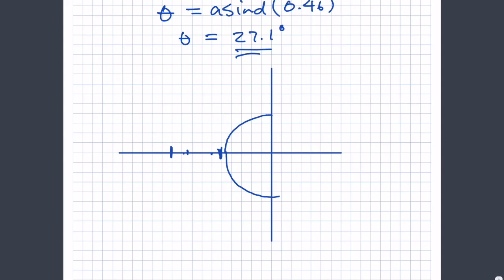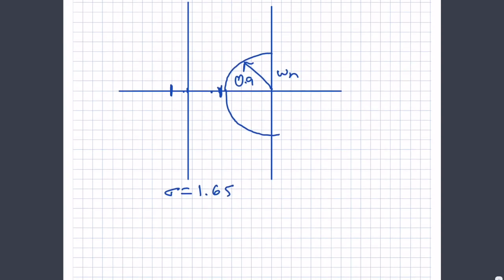And I know that the real part of the S-domain poles has to be to the left of that line. Okay, so here's the line sigma, and here's the radius omega n.